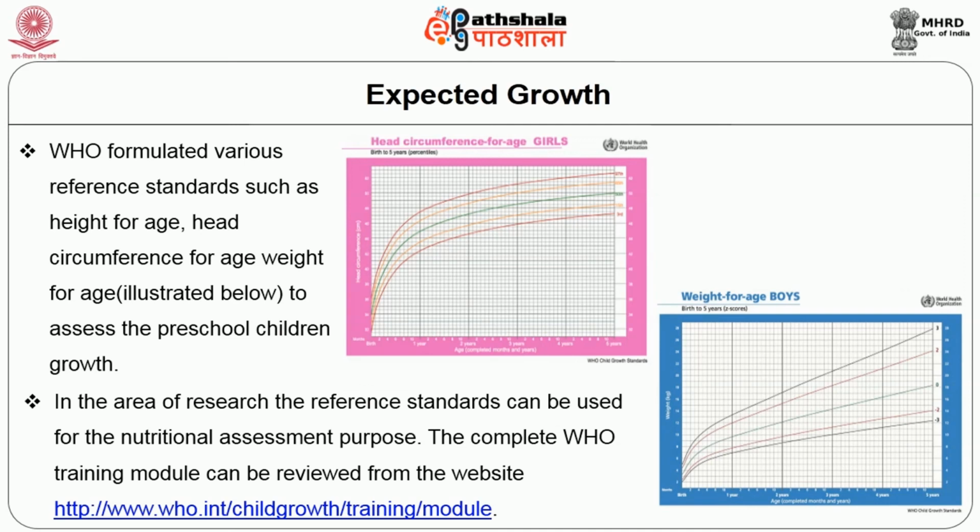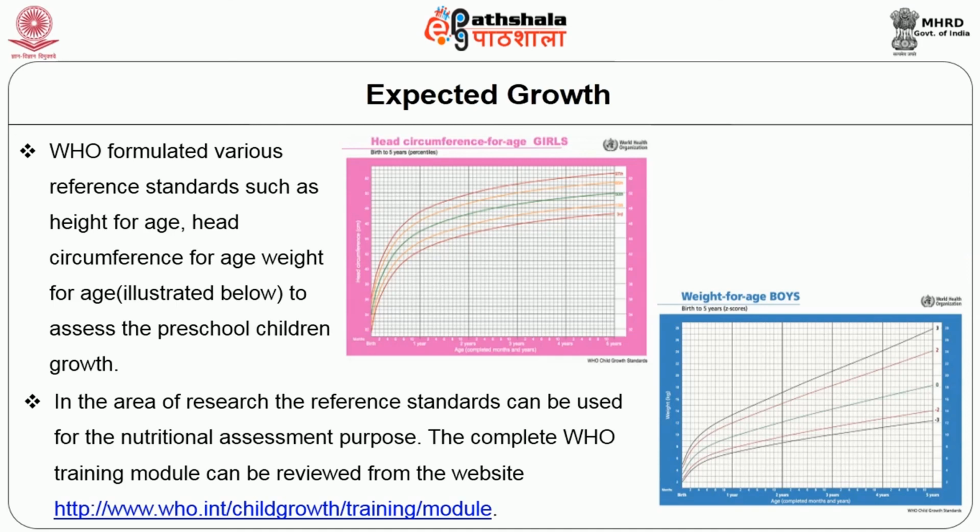In research, the reference standards can be used for nutritional assessment, and the complete WHO training module can be reviewed from the above said websites. These are the WHO growth standards.